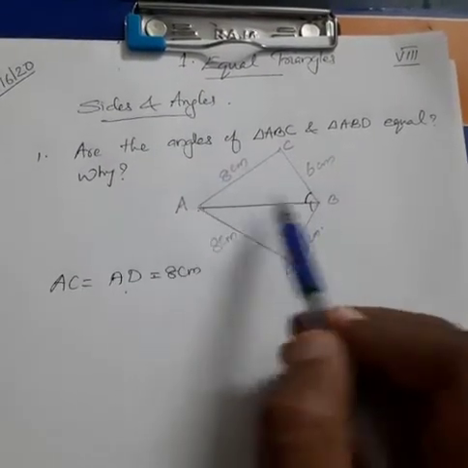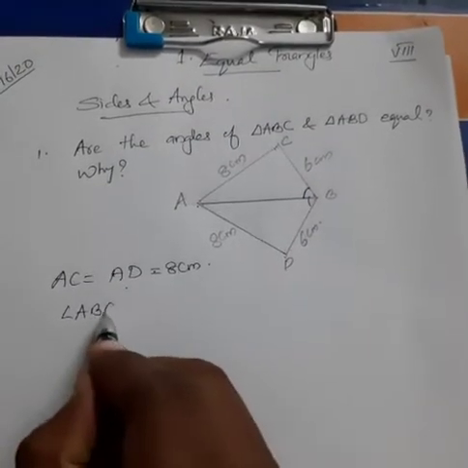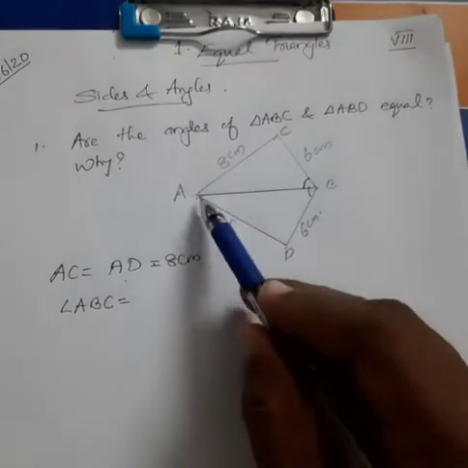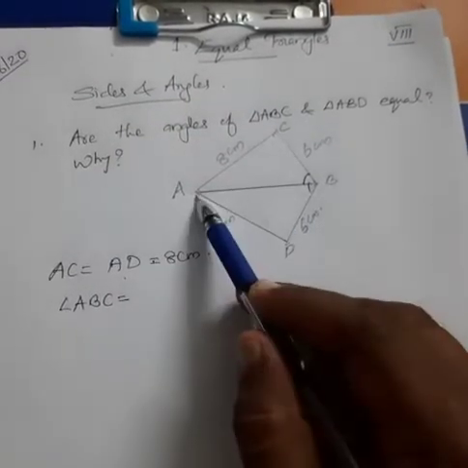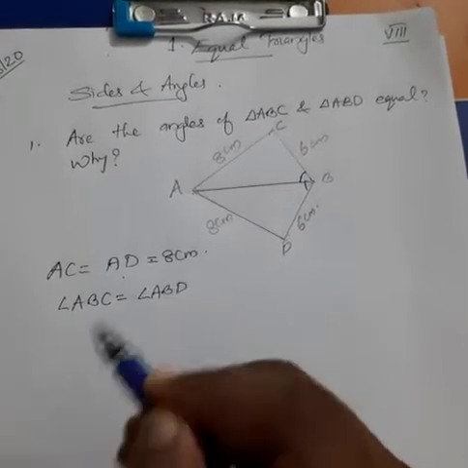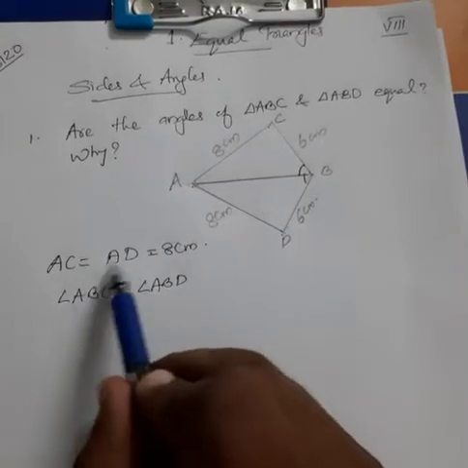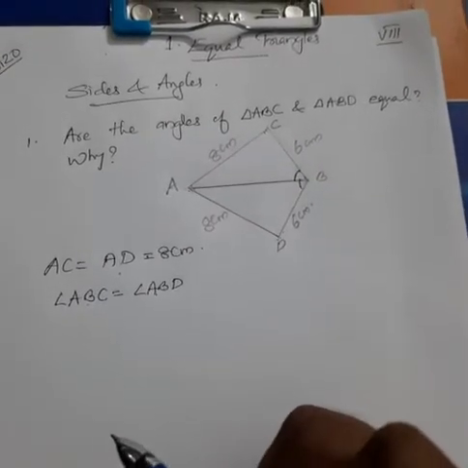What is the angle? ABC. So angle ABC is equal to the opposite of AD. What is the name of the angle? ABD. Angle ABD. If the sides are equal, the opposite angles are also equal.